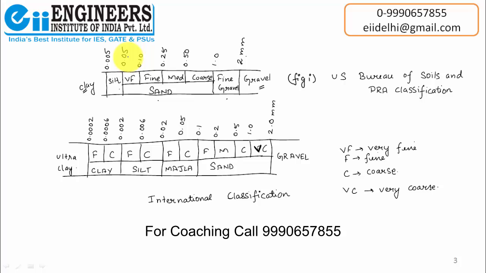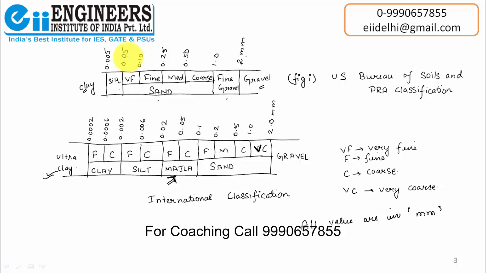All values written here are in mm. And if the size of a grain is even less than 0.0002 mm, it is known as ultra clay.